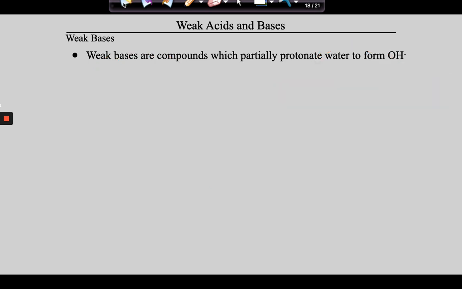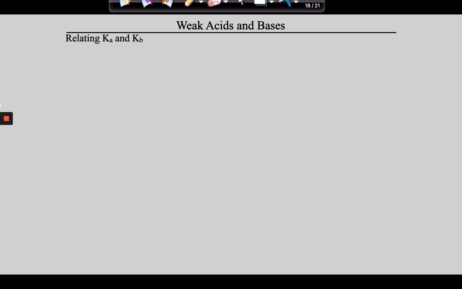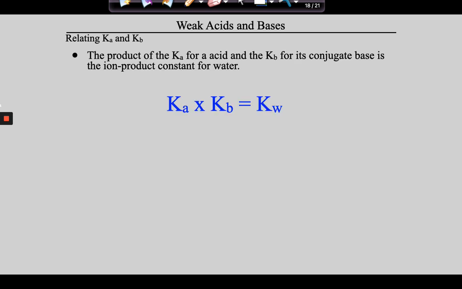And guys, that can actually be represented mathematically by yet another crazy mathematical relationship, which is this. It's Ka times Kb equals Kw. This is also on your equation sheet.